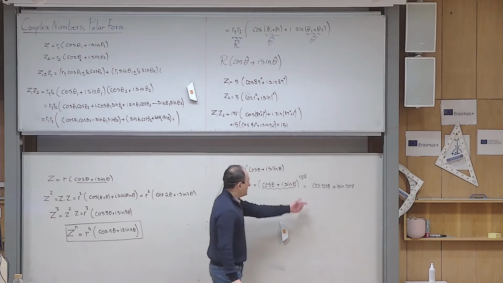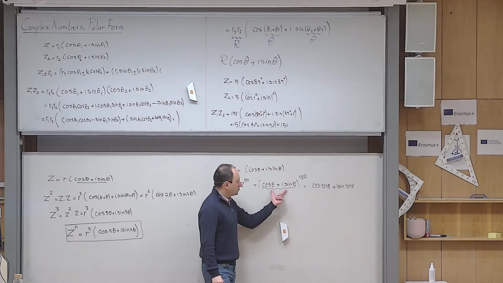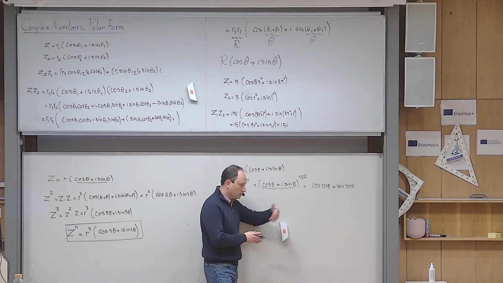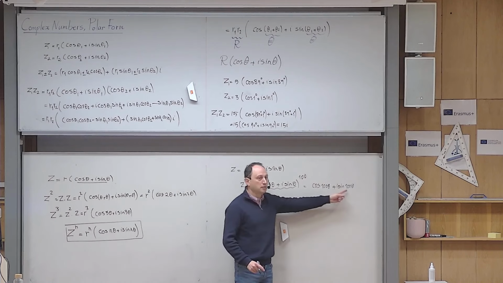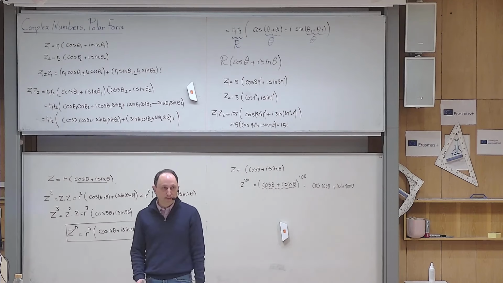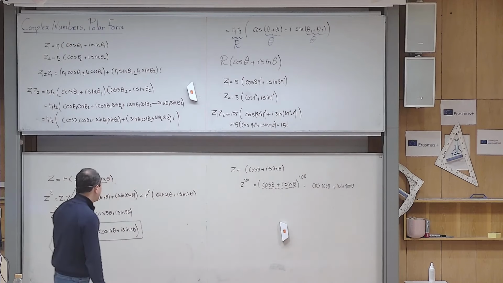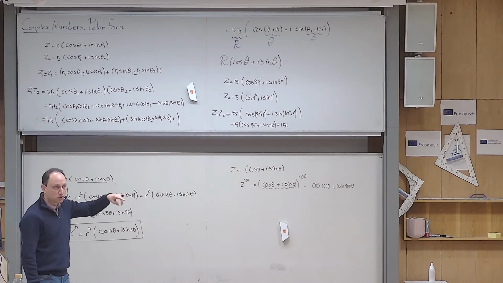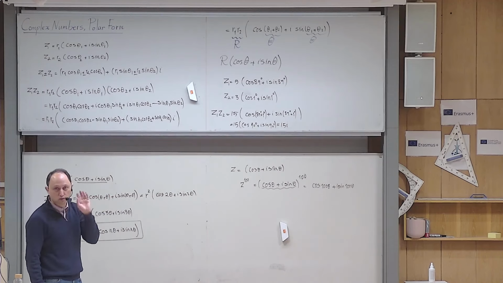The problem is that if I write this very particular combination 100 times and suffer to multiply them, simplify them, at the very end, the answer becomes this. Just simply multiplying 100 by theta. And that is the reason we suffer a little bit to go from an innocent complex number to its polar form. So it is useful if I want to raise it to high powers.